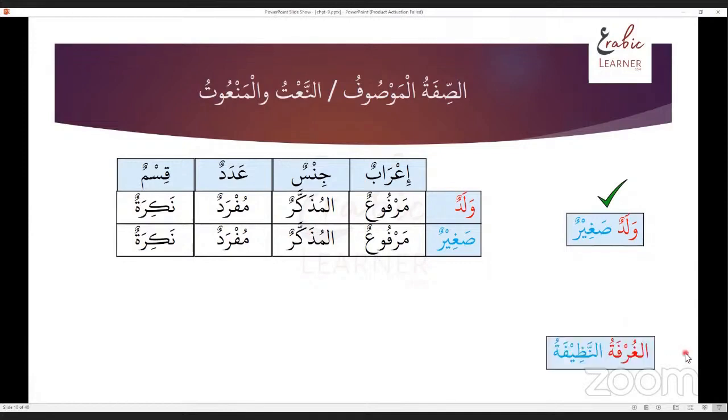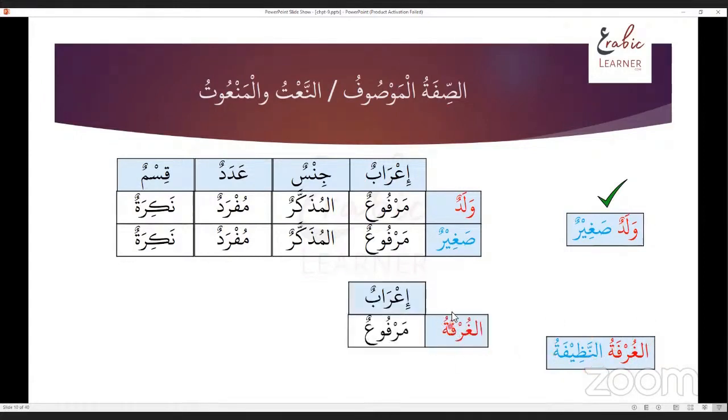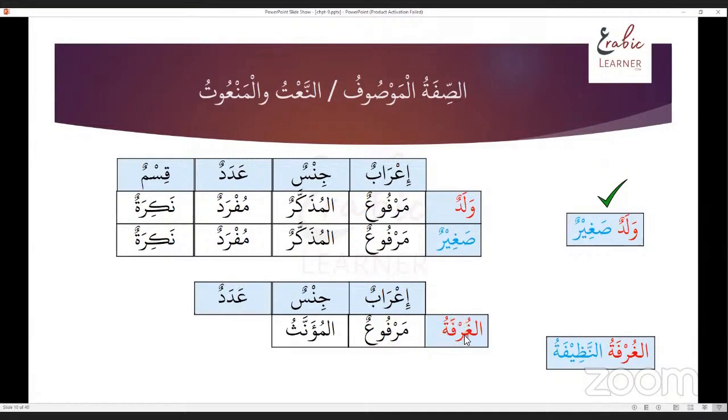Let's take another example. Al-ghurfatu nadhifatu. The clean room. Al-ghurfatu means the room, and nadhifatu means clean. Al-ghurfatu, i'rab, it's ending with dhamma, it's marfu. Jins, it ends with ta marbuta, so it is mu'annas. Adad, room, singular, mufrad.